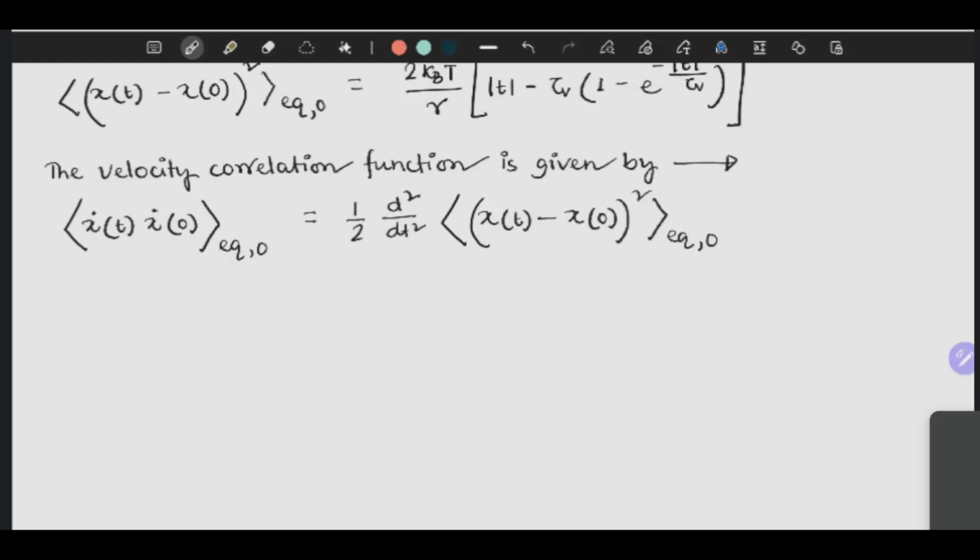Now we will use the formula that we have previously done. So basically that promptly follows.